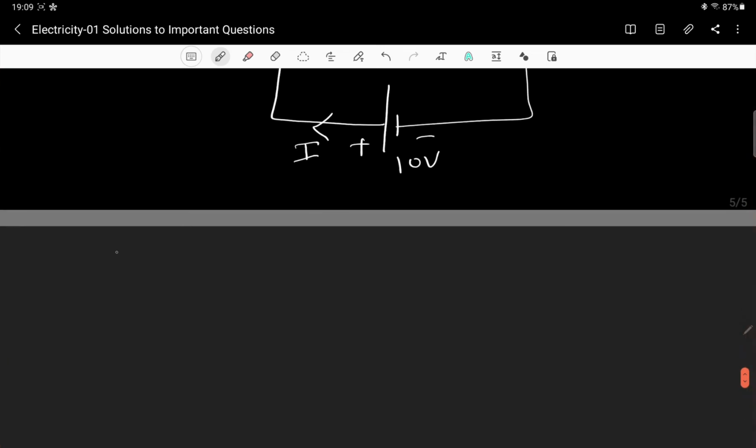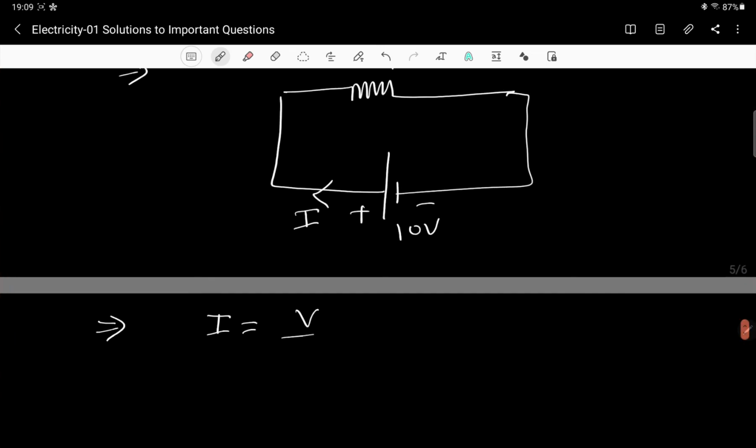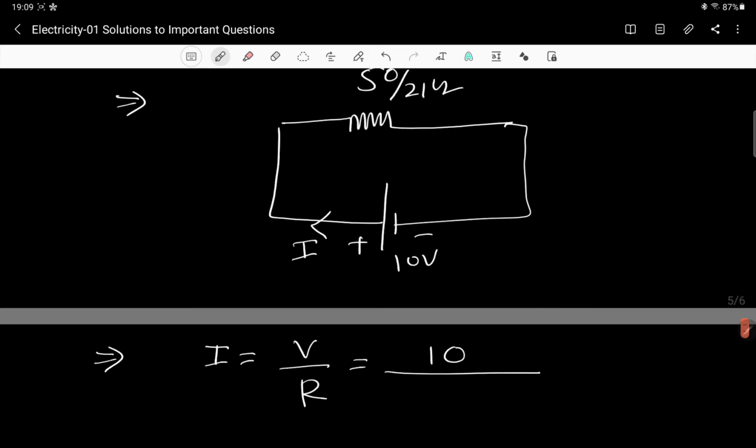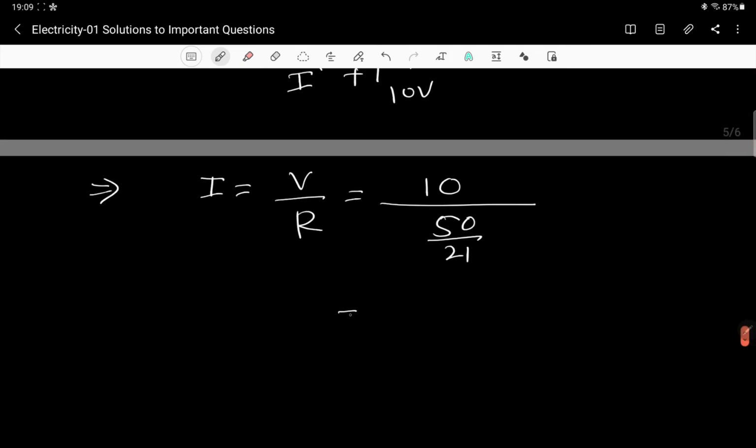So let us find out this current, and everybody knows the formula: I is equal to V divided by R. What is the value of V? 10 divided by R, meaning how much is it? 50 divided by 21. So ultimately it becomes 10 into 21 divided by 50. 50 by 21 becomes 21 by 50.